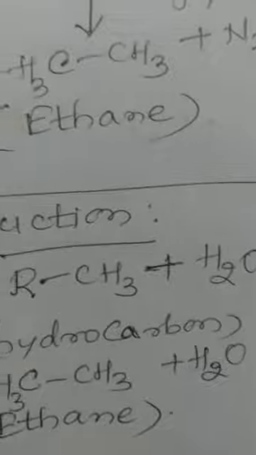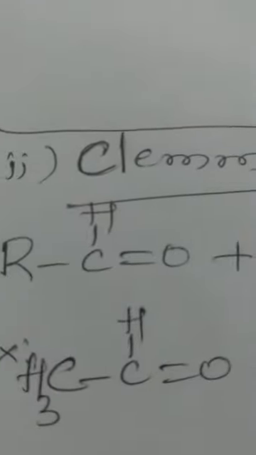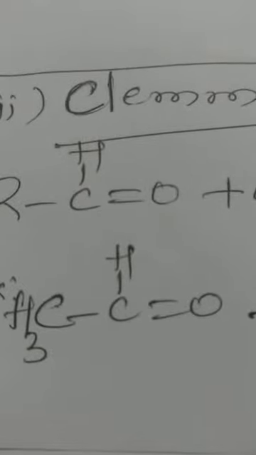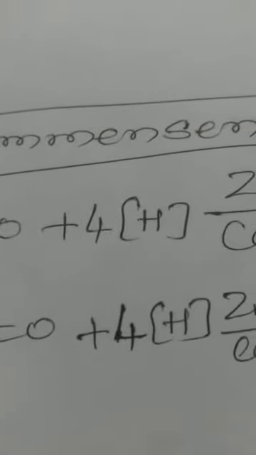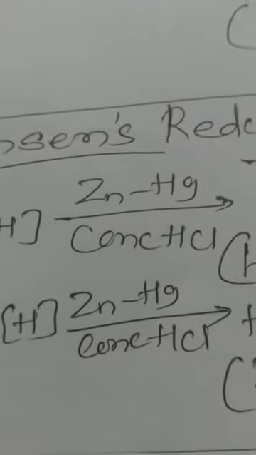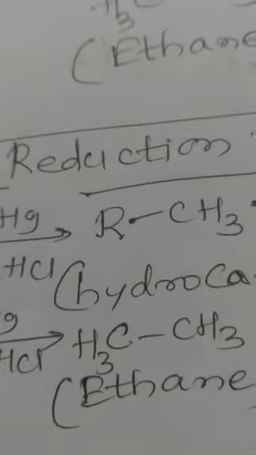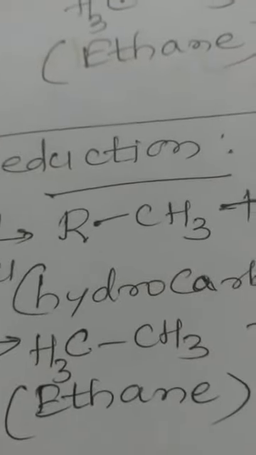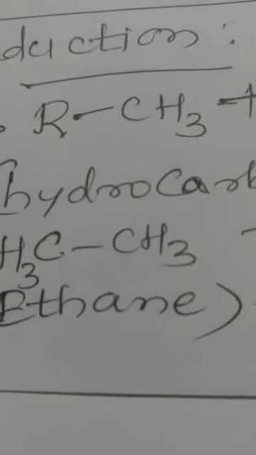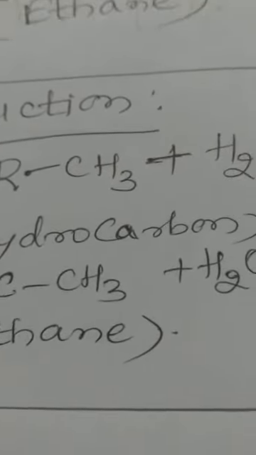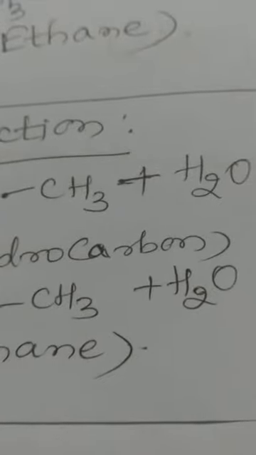To explain the Clemmensen reduction, the example taken here is once again acetaldehyde, CH3CHO. Acetaldehyde on reduction, with 4H to balance, using zinc amalgam and concentrated HCl, gives a CH2 group in place of CO, so you get the corresponding alkane, ethane, CH3 single bond CH3, and the byproduct eliminated is water.